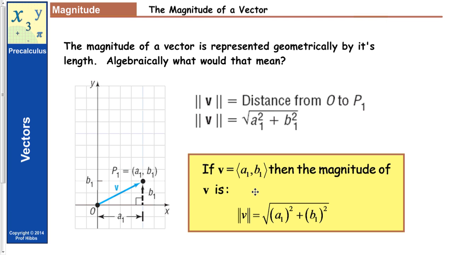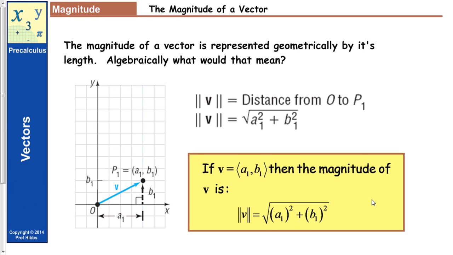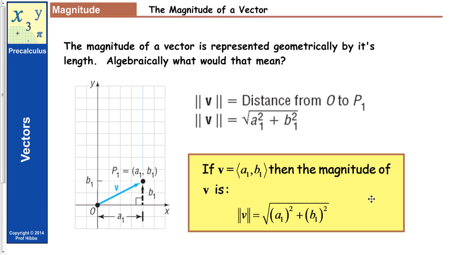In a nutshell, if we're given a vector in component form, where the first component is A sub 1 and the second is B sub 1, then the magnitude, the length of that vector, is equal to the square root of the first component squared plus the second component squared. That's all there is to it. That's what we need to keep in mind, and I'll remind you of that over and over as we go through these things.